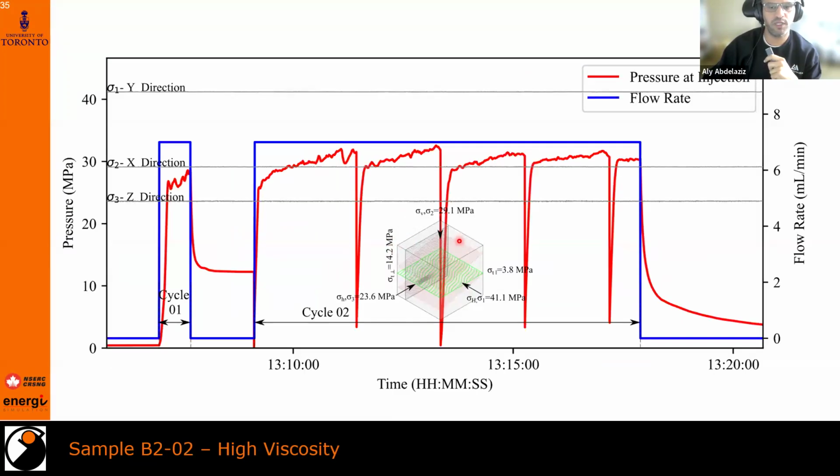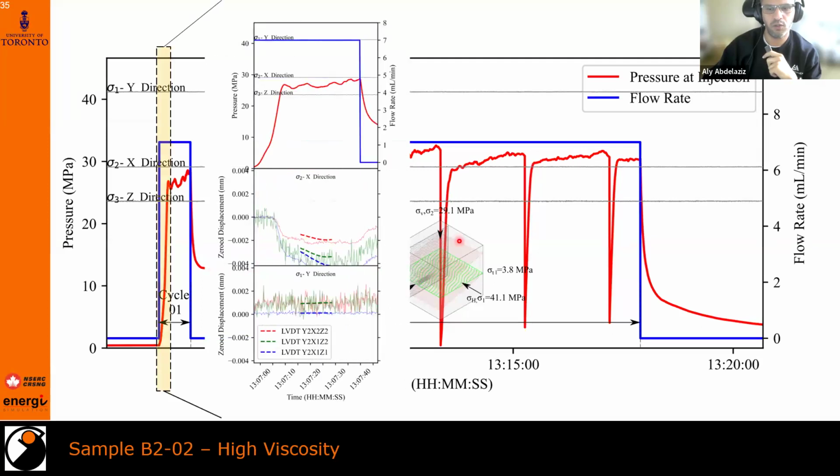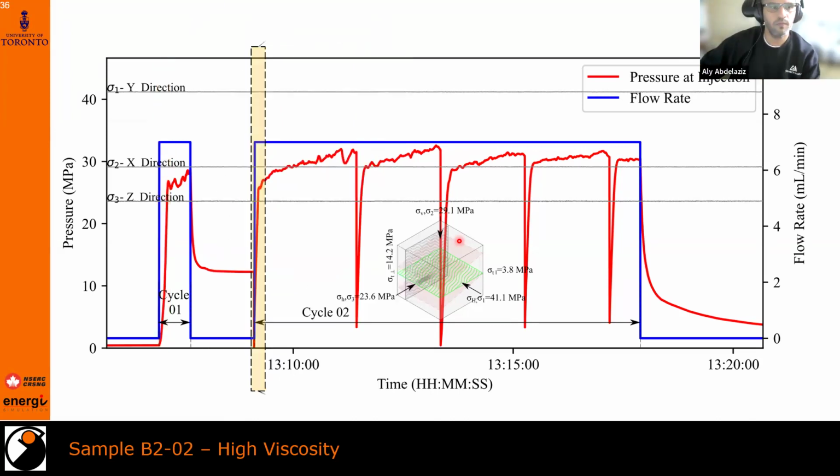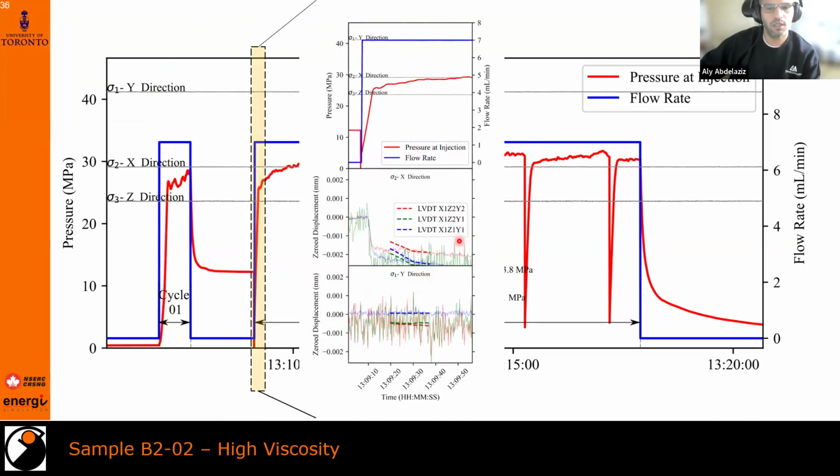We look at the pressure time curve, and then over here, we start seeing a different response. So what you see here is an abrupt or sudden movement in the X direction, which would indicate that it's opening against sigma 2. And a similar behavior here.